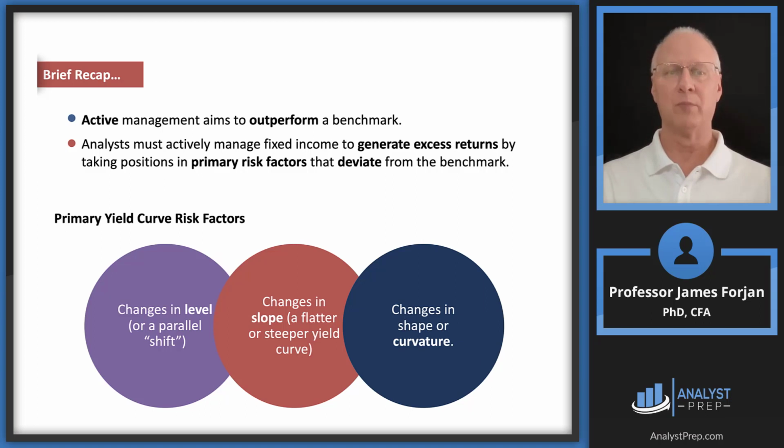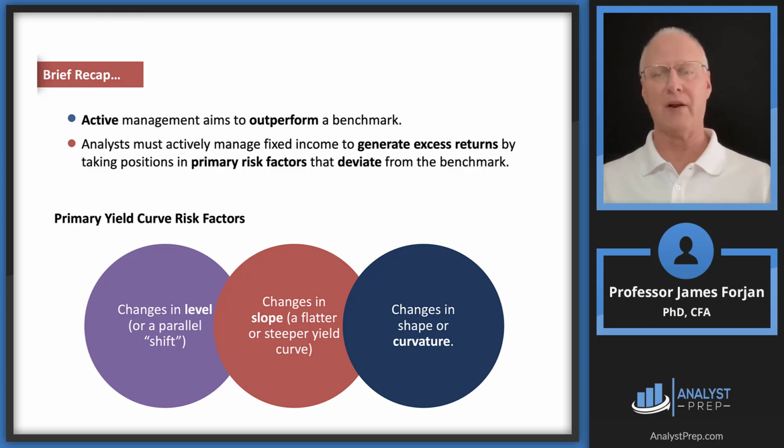But here we have primary yield curve risk factors, and we did this back in level 1. We have the changes in the level of the yield curve, which is always referred to as a parallel shift. Changes in the slope, which means that the curve becomes steeper or flatter. And then changes in shape or curvature. Those are called structural changes or twists.